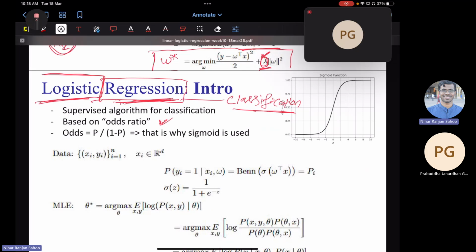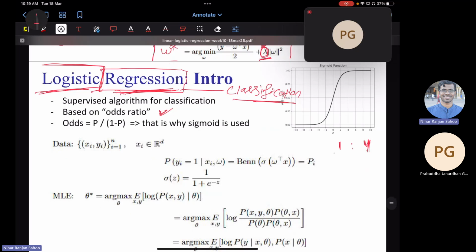West Indies has a likelihood of 1 is to 4 for India, in favor of India. So what are the odds? These are the likelihoods, right? So what will be the odds? Odds will be whatever the highest likelihood is, minus the least likelihood. This is how odds are computed, right? So how do we say this then?